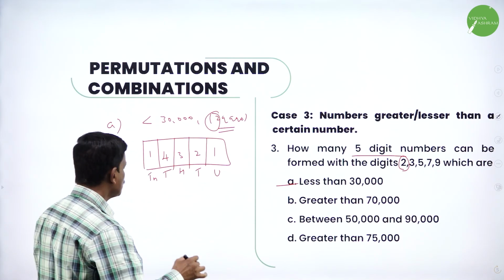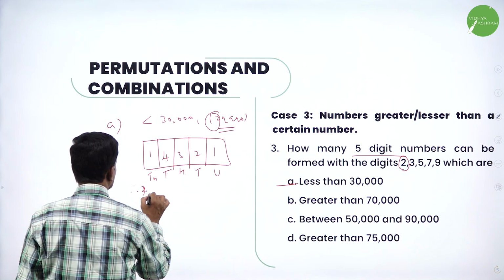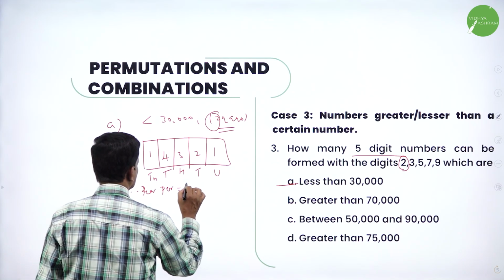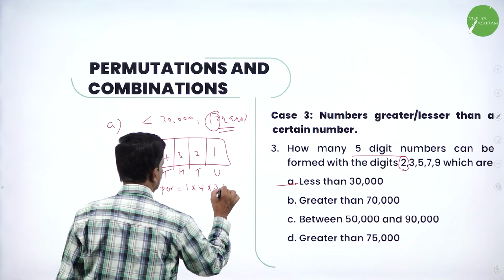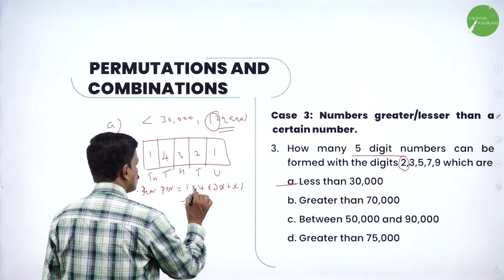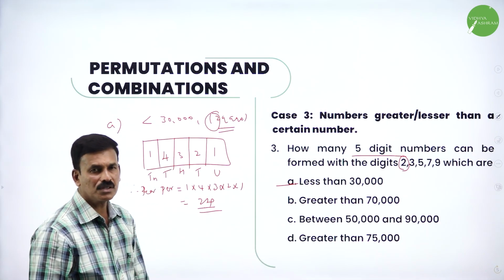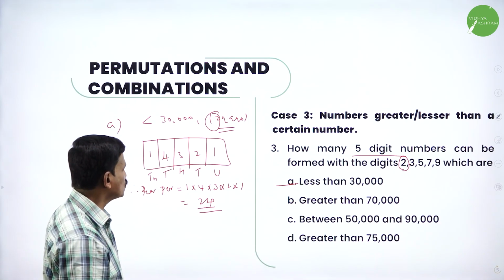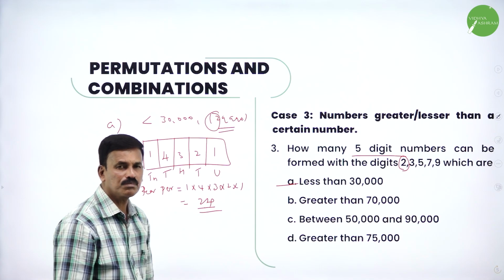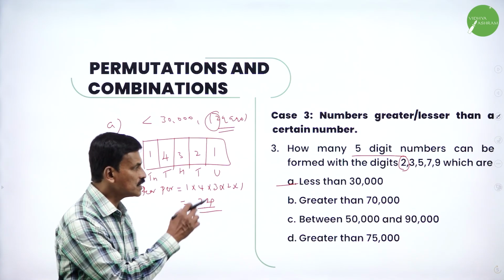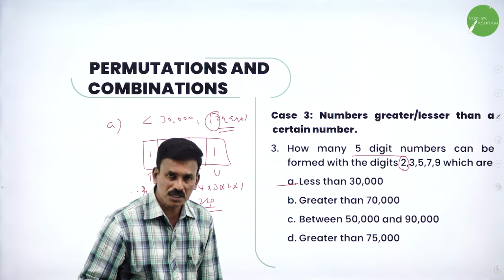Now what is the required permutation? The required permutation is equal to 1 into 4 into 3 into 2 into 1. That is nothing but 24. This is the required answer for the first one. That is, we can write 24 numbers using these digits which are less than 30,000.